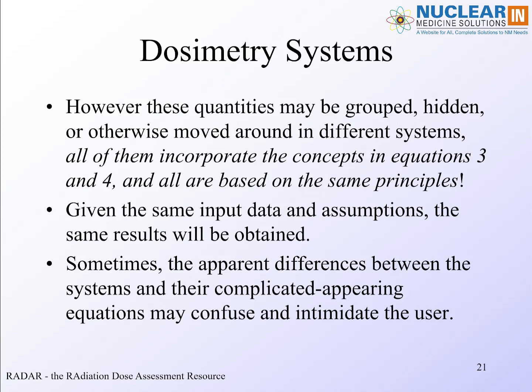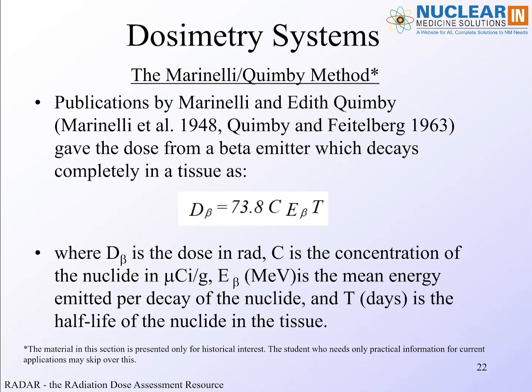So I'm going to show you a system, the RADAR system, that just combines it all together for occupational or pharmaceutical. They're all the same, and given the same input data and assumptions, you'll get the same results. But on the surface, the systems look different and can be confusing.